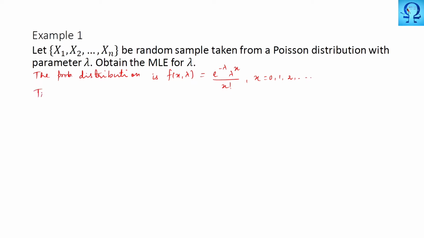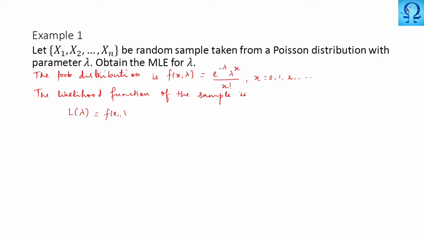Now let us write down the likelihood function of the sample. Here the unknown parameter is lambda.